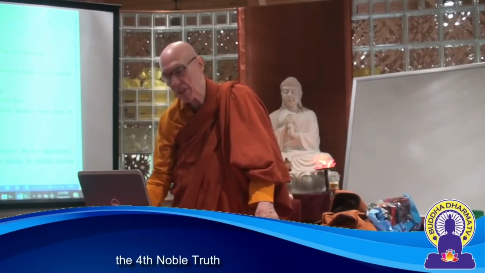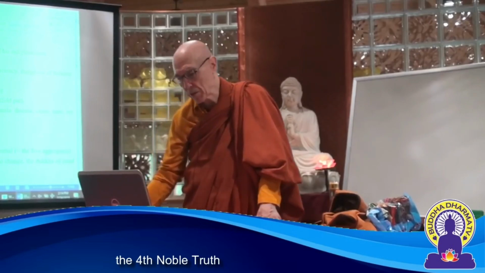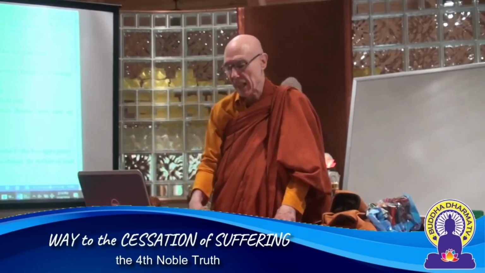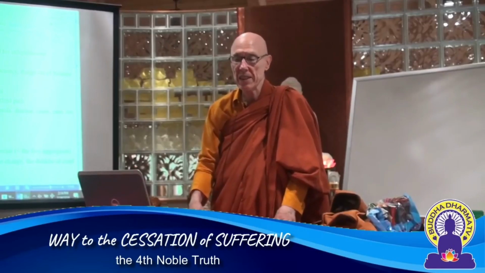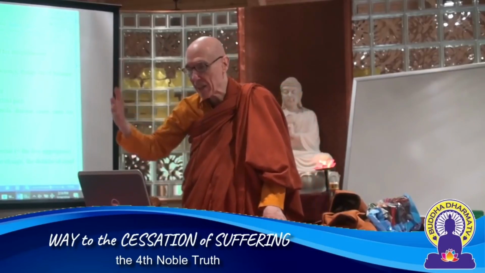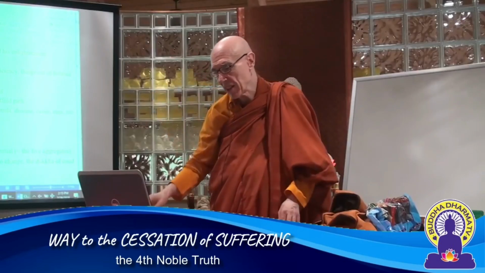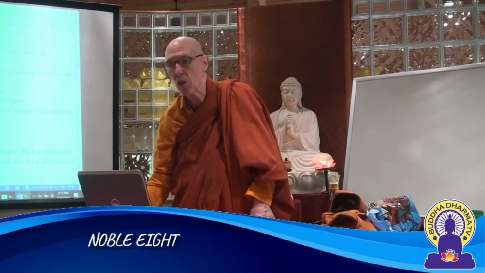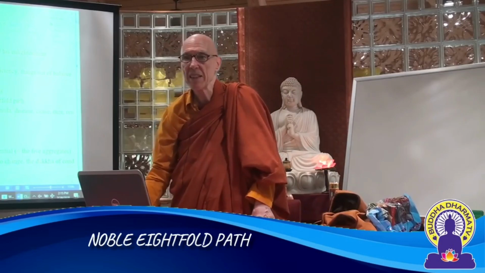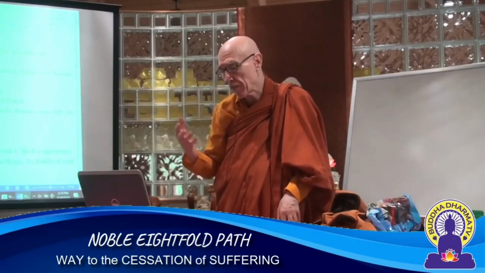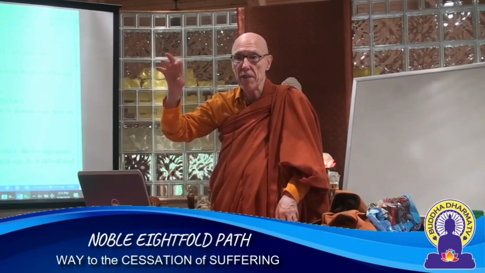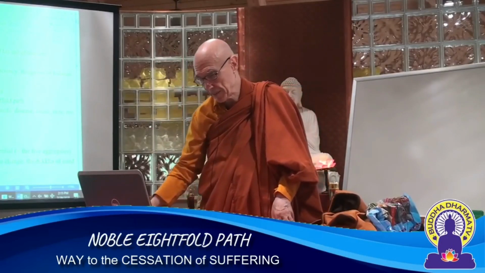And that is the fourth noble truth, which is called the way to the cessation of dukkha. And here the Buddha has laid out, again, a very systematic method, which is called the Noble Eightfold Path. It's a path of practice, a path to apply to one's life that consists of 8 factors, as we'll see.